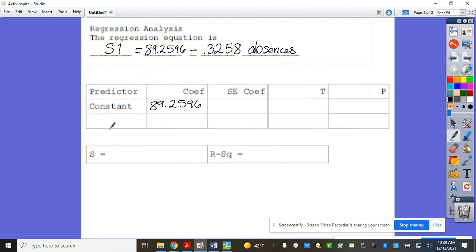This changes problem to problem. What do I put here? In this case, absences, your x value. And that's always a word or words. So in your equation, what always goes beside of your x? Slope. So negative 0.3258.